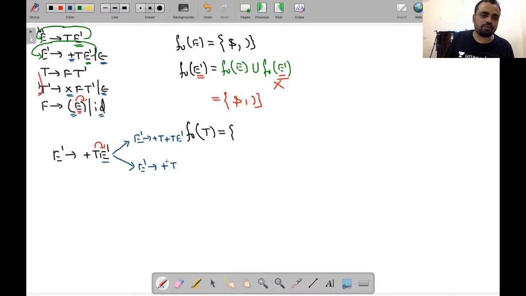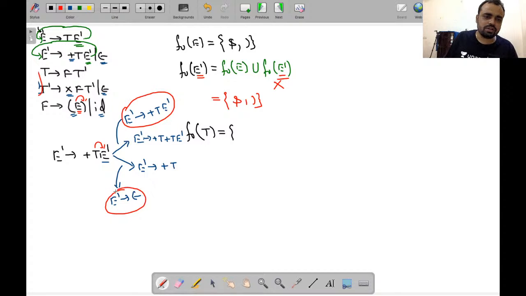So in this situation we are reducing by the production rule plus t e dash, and in this situation we are reducing by e dash to epsilon. So we are considering two different production rules, one is this and second one is this. So once you reduce the e dash by this, it will become this, and once you reduce the e dash by epsilon, it will become this.